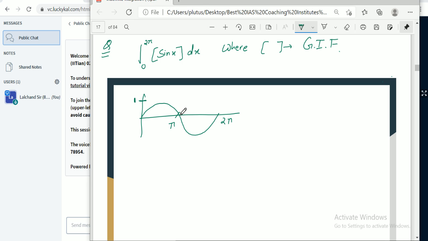Okay, so now we need to calculate in the second interval. From here to here, there will be minus 1, isn't it?